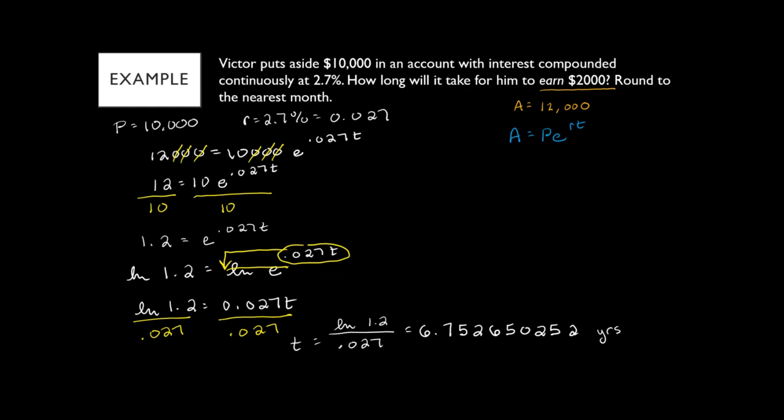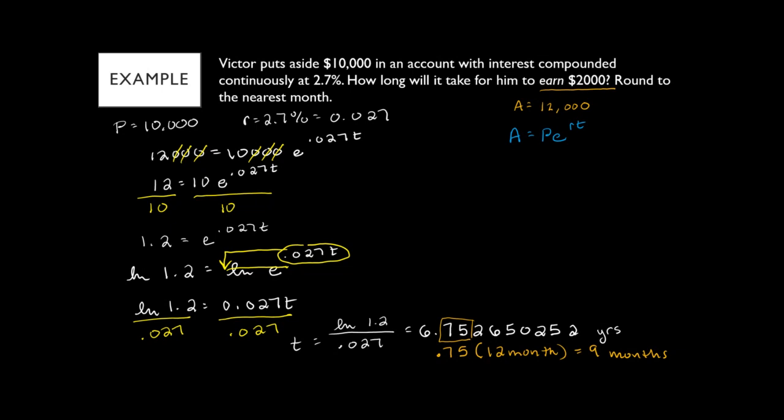So we're going to just look at the 0.75 here. So that's 3/4 of a year, which has 12 months. So if you multiply 12 by 0.75, and I chose 0.75 because I know that it's a nice fraction, that's why I rounded it to that. That gives you 9. So that would be 9 months.